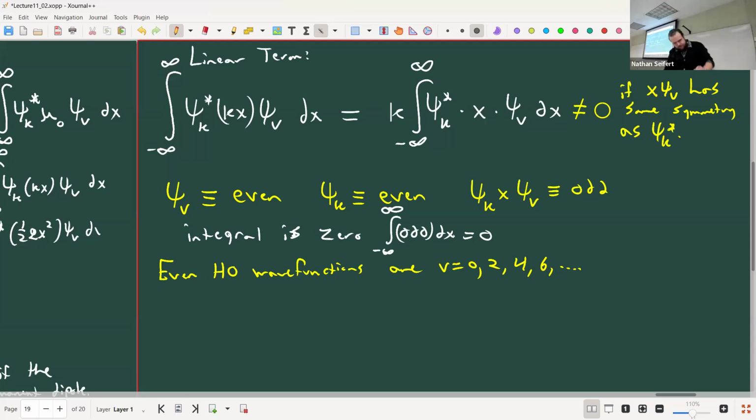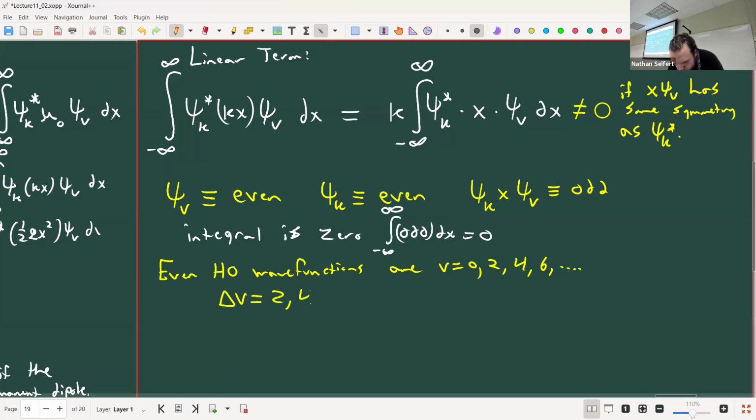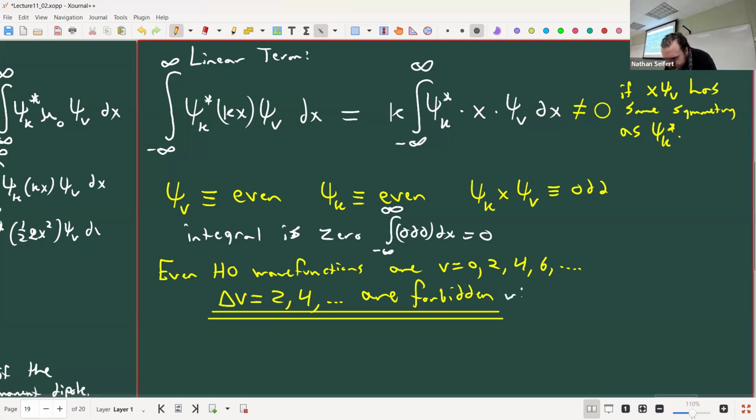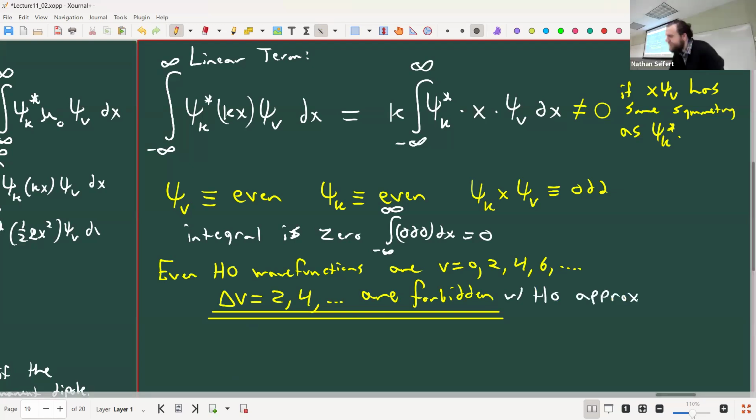This means, for instance, that delta v equals 2, 4, and so on are forbidden with the harmonic oscillator. You can't go from an even state to an even state. So the only possibility is if you go from even to odd.